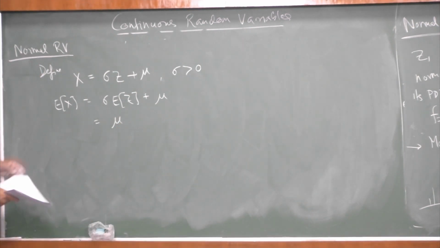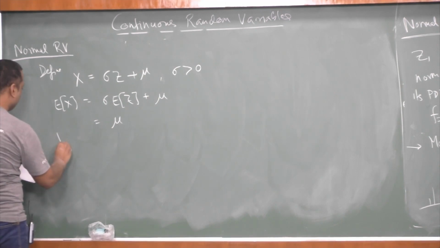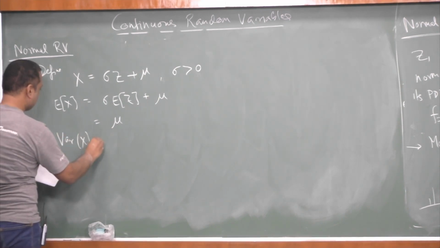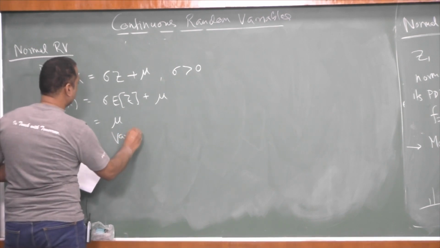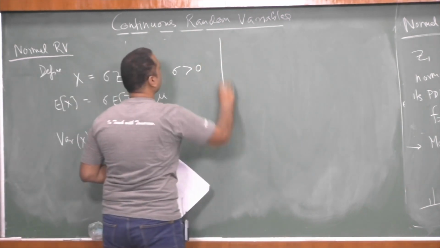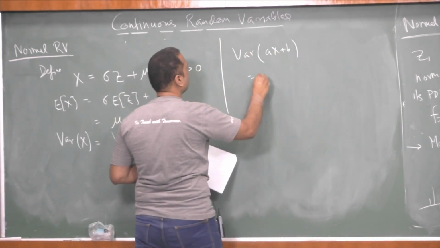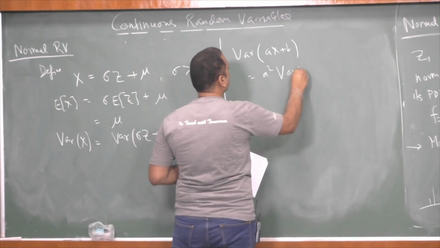So what we know is that for the transformed variable the expectation must be mu, and similarly we compute the variance. So variance of x is variance of sigma z plus mu. Now if you recall the variance formula, variance of ax plus b is a squared variance of x.